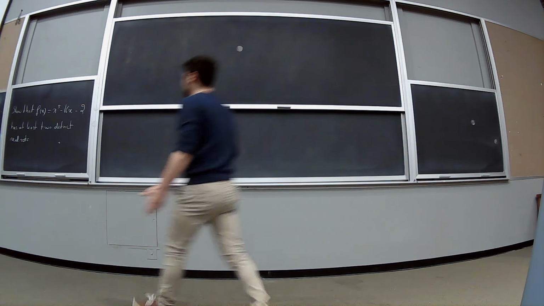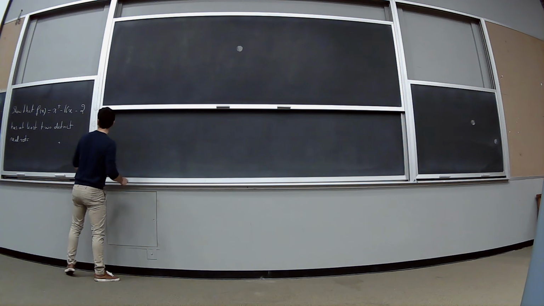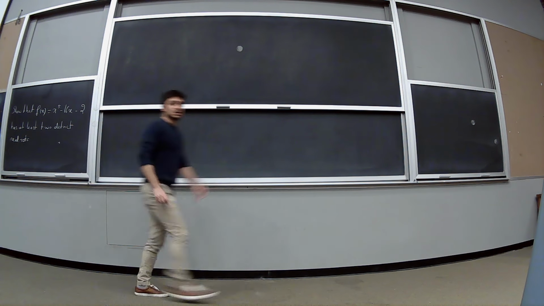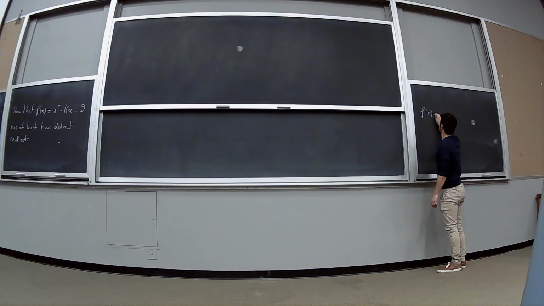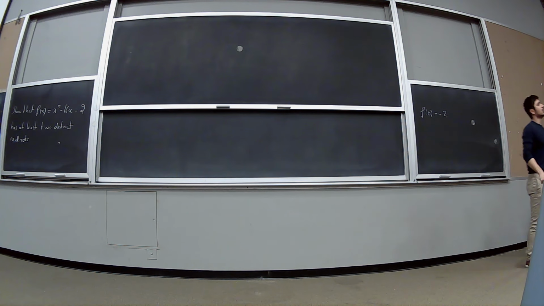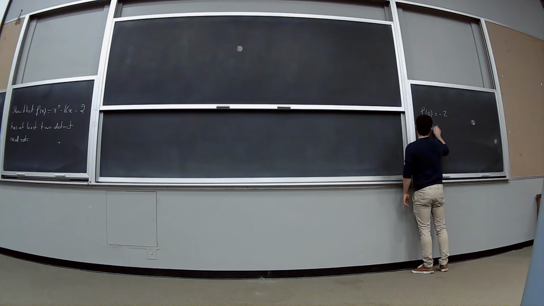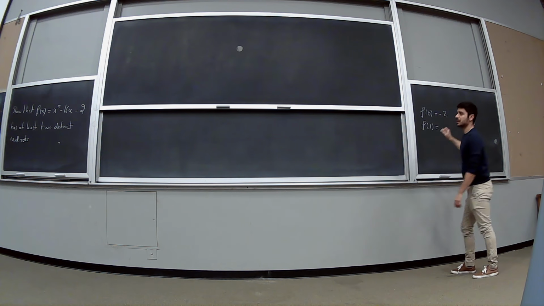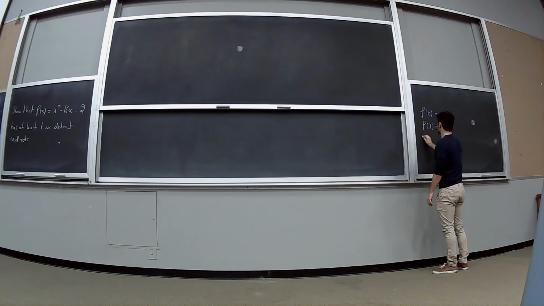What's f of 0? We haven't written anything yet, this is just for us. F of 0 is minus 2. What's another easy number? f of 1 is 1 minus 16 minus 2, so it's minus 17.